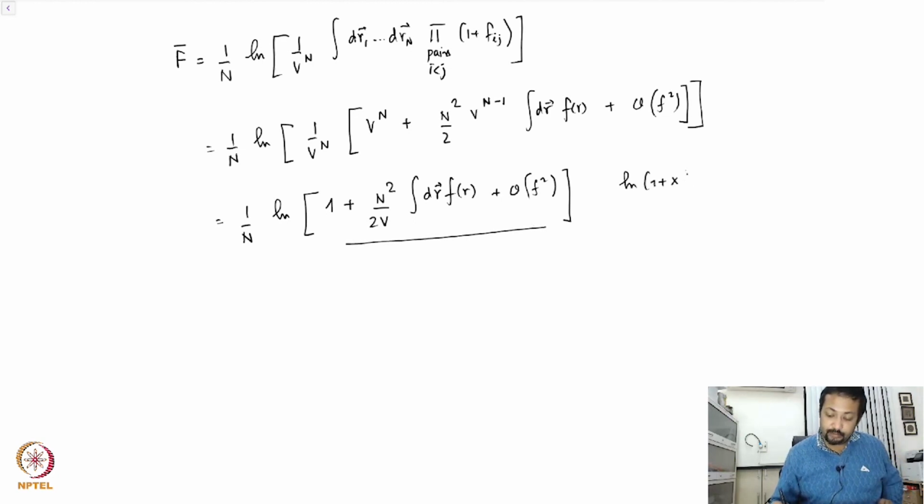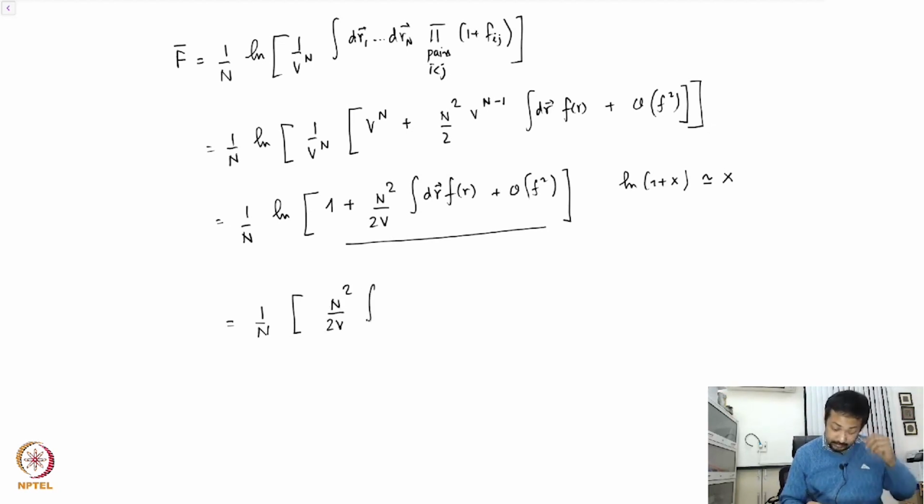Use ln(1 plus x) is approximately equal to x to write down this as 1 over n times n squared over twice V times the integral dr f of r plus order of f squared, right?